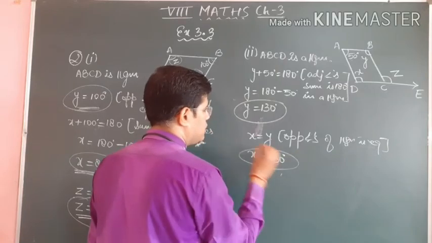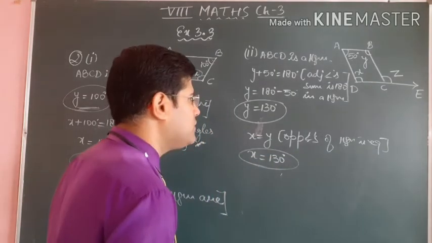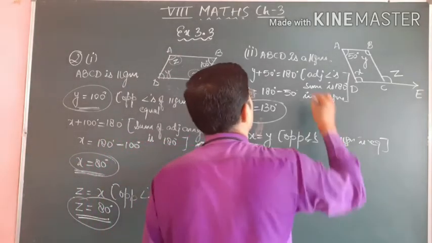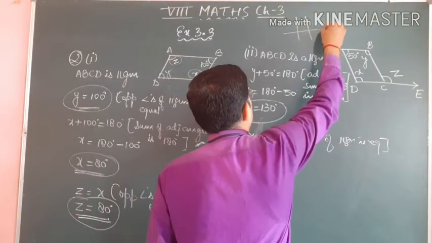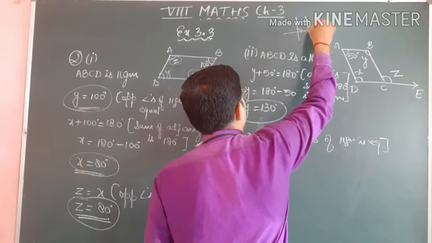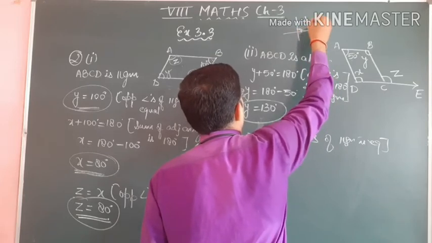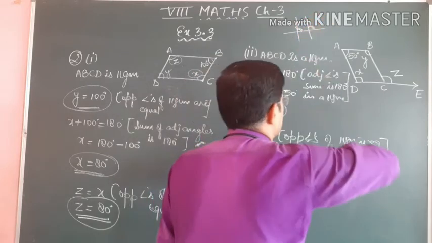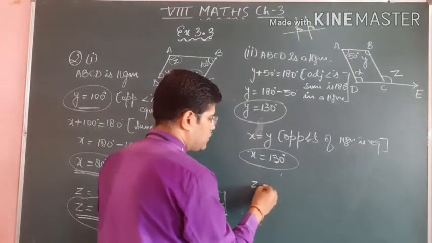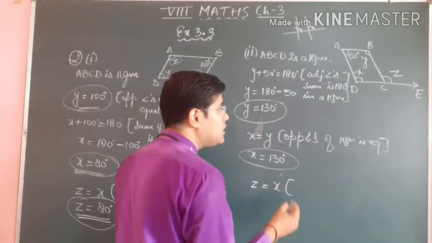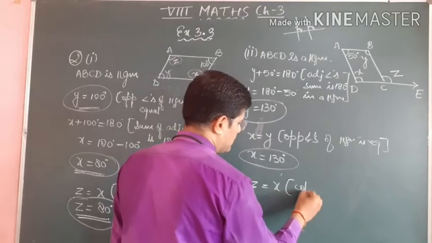So here I have done two parts, x and y. What about z? Put some pressure on your mind. These are corresponding angles, which you were taught in class 7. So z is equal to x, corresponding angles.